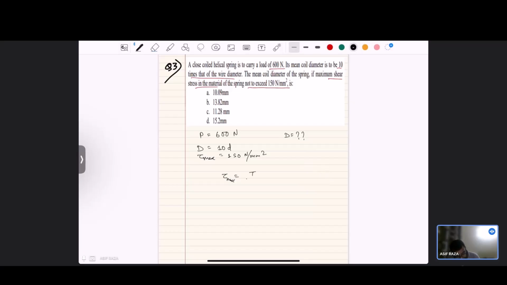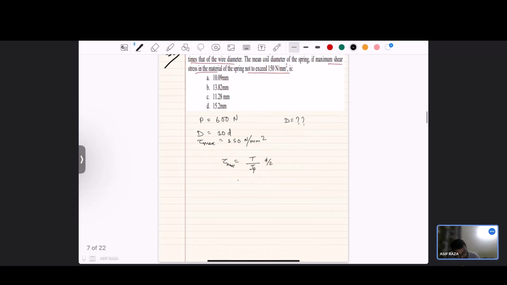With the help of torsion formula, I can write the torsion value.